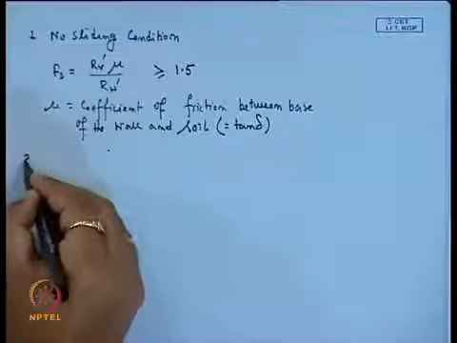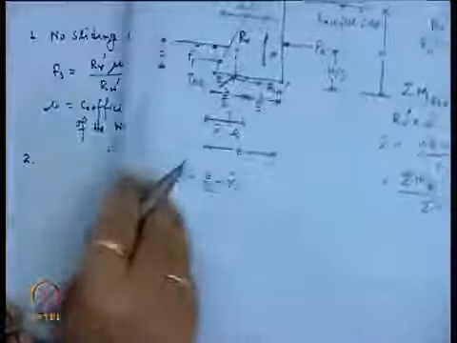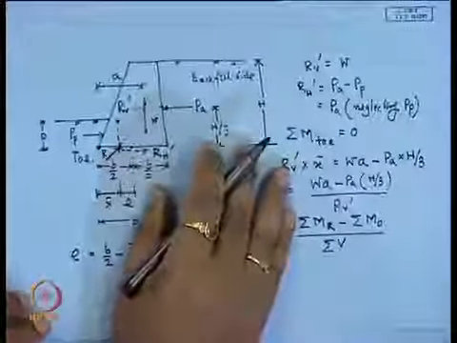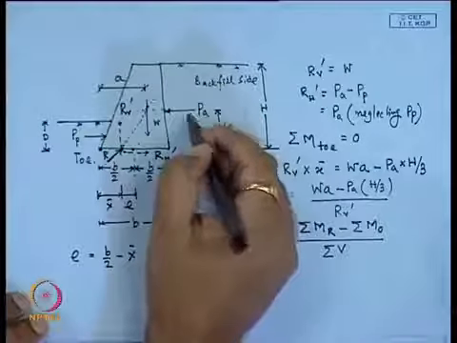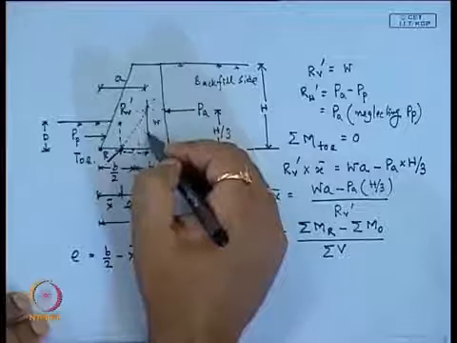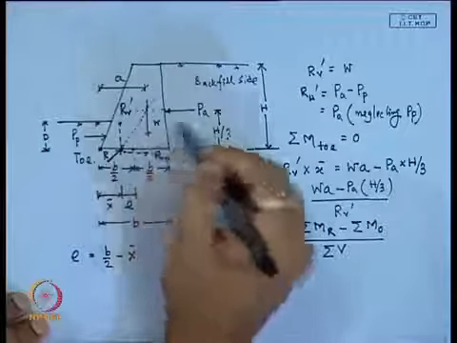So, next one is the no overturning condition. Because of this P_a force, it will overturn this retaining wall, and this weight will resist this overturning force.